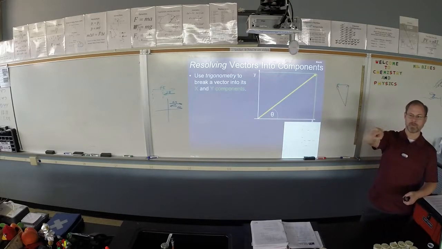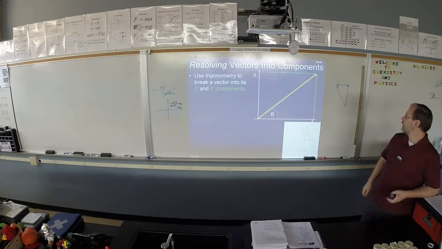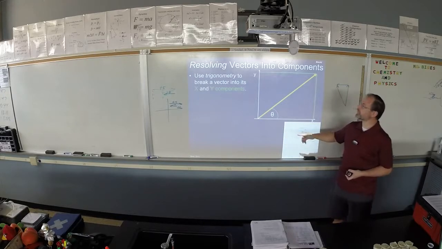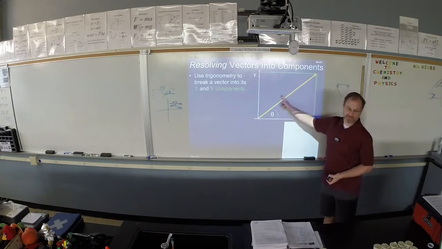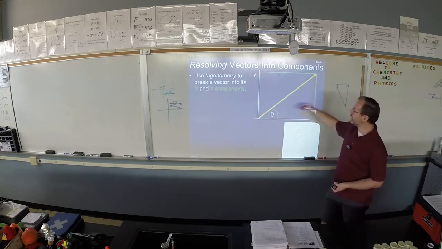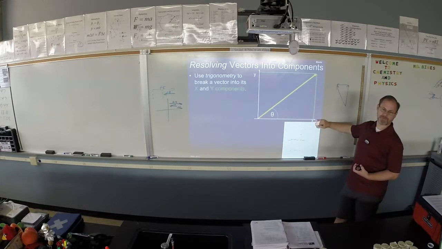It's a circle with a line through it, and it means angle. When you resolve your vector into its components, you look at the magnitude. The length, the bigness, is the magnitude. And then the angle to the horizontal axis.